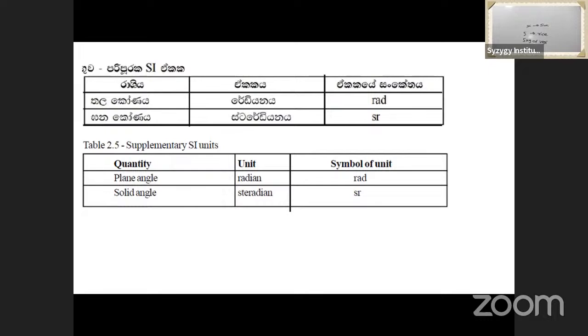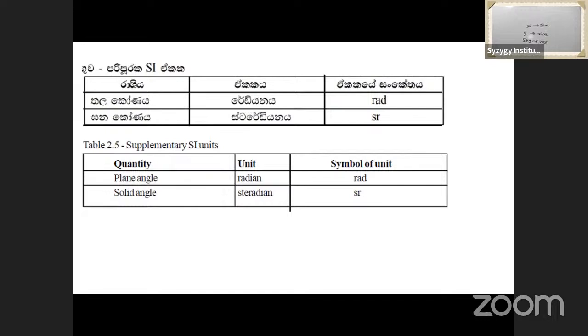In addition to that, we are getting some supplements, no? Why? The main food is not enough to live, no? Therefore, we are getting some supplements. Likewise, in units, in addition to the main units, we need another two units to explain the physical scenarios in this world.